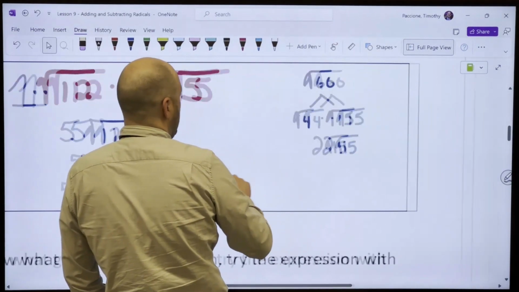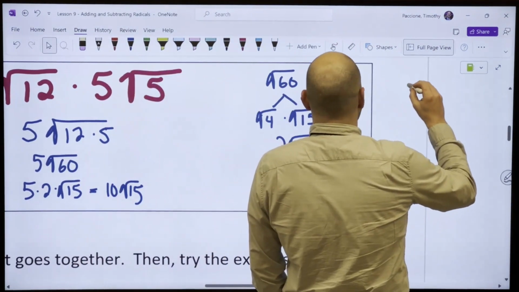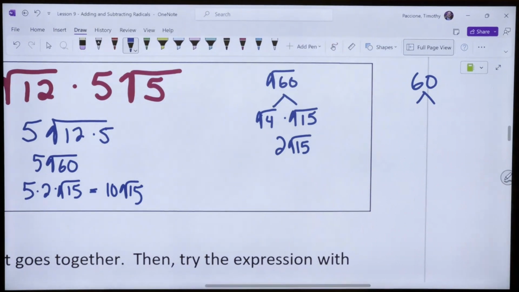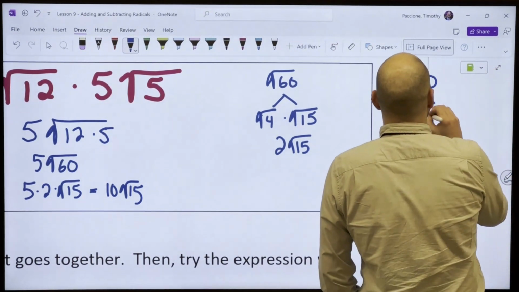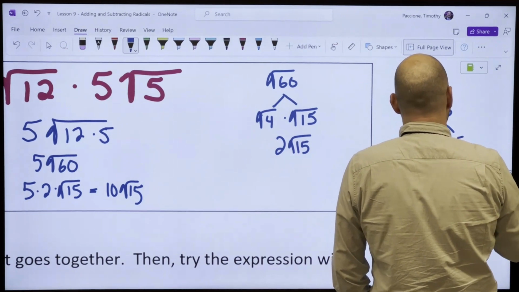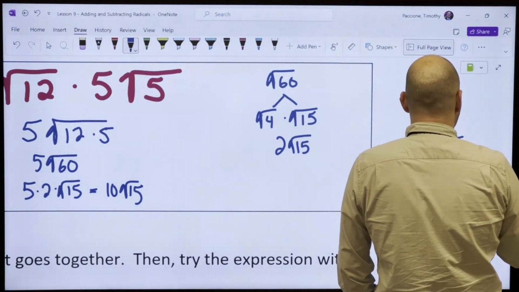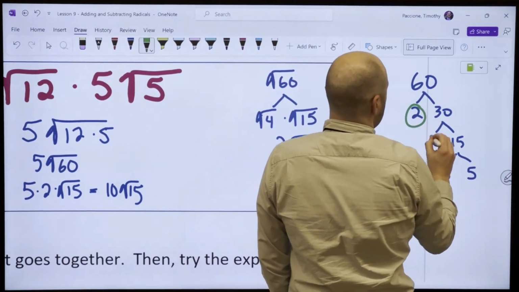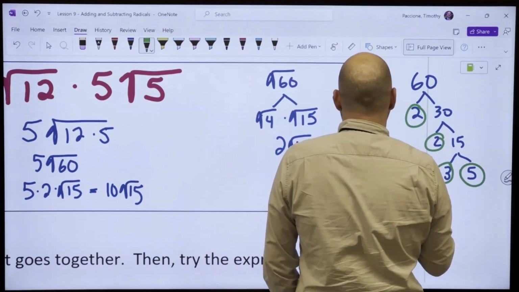Now, the other way you could have found this 2 square root of 15 is if you just started breaking this thing down all the way. 60 divided by 2 is 30, divided by 2 is 15, divided by 3 is 5, and I've broken this down as much as I can. These are my pieces that I found.